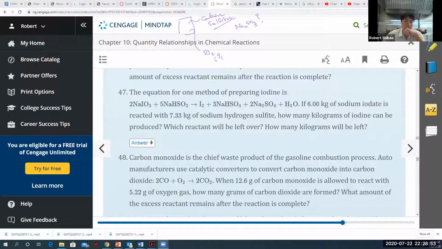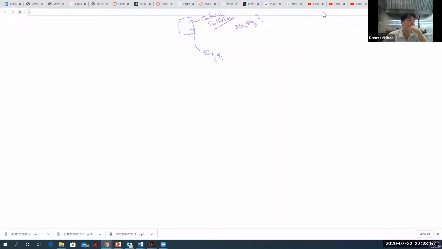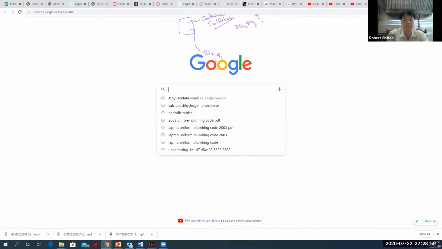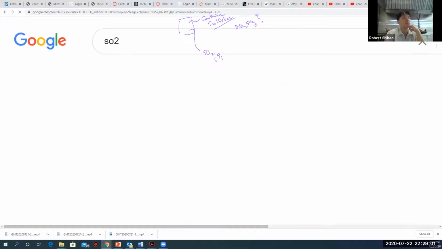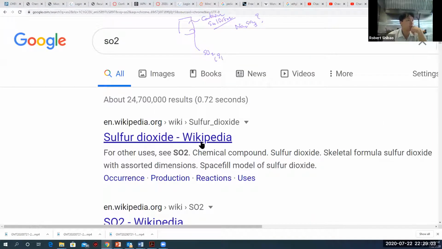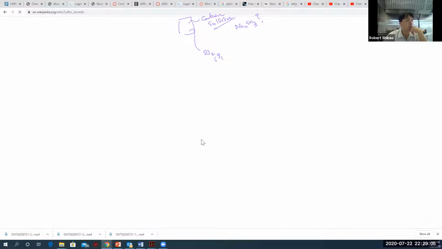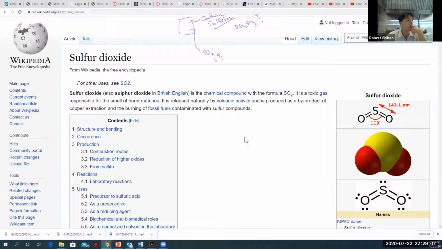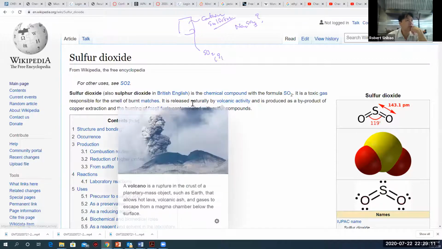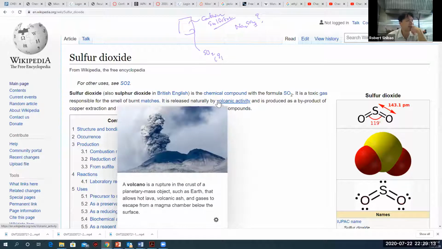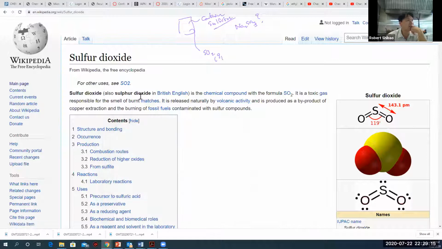Let's take a look at sulfur dioxide. It's released in volcanic activity. This is the sulfur smell that people get from burnt matches, that kind of stuff.